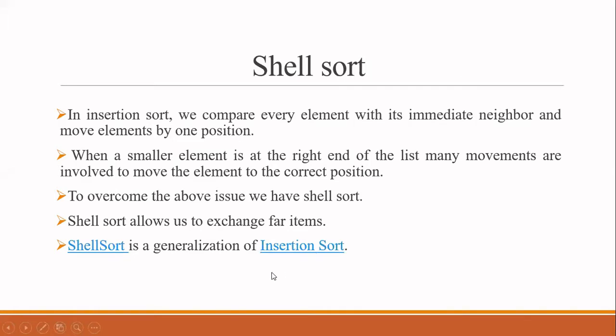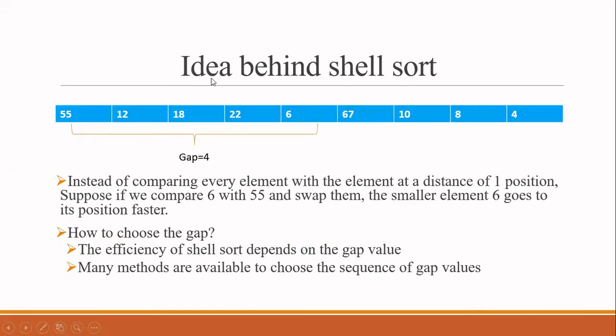Now let us see the idea behind the shell sort. In insertion sort, suppose I want to insert this 6. To which element will you compare this 6 in insertion sort? First, 22.